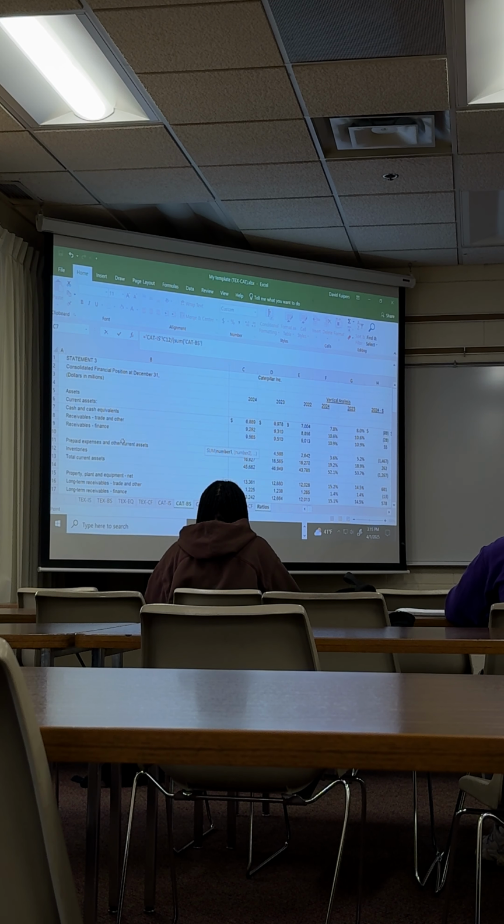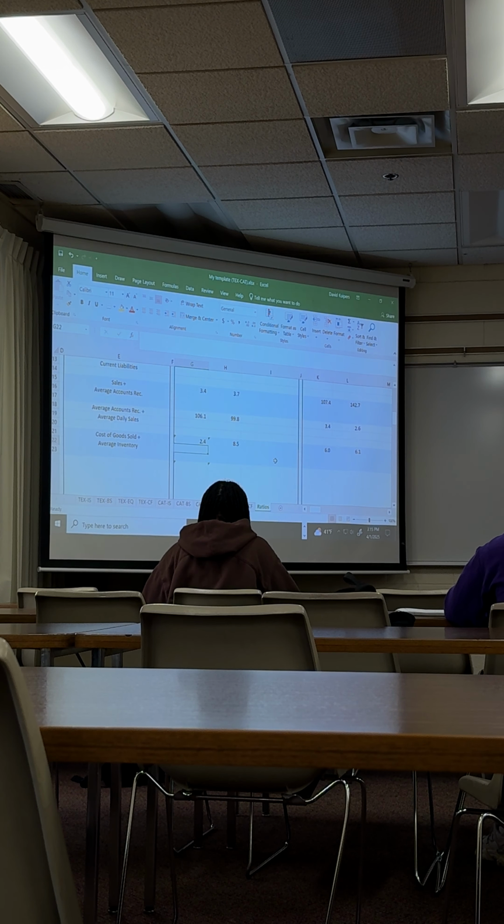Go to the CAT balance sheet, find inventory, take 2024 and 2023, close parentheses, divide by 2, close parentheses, enter. Copy, paste formula. Okay?